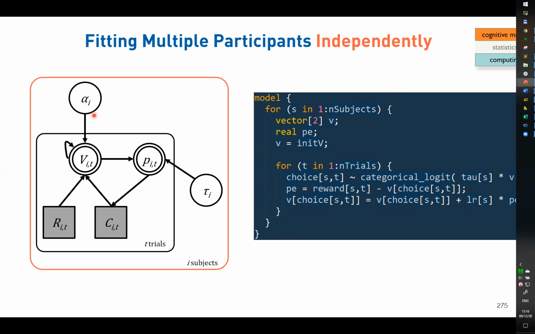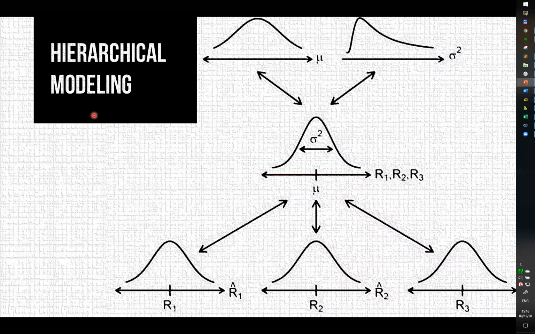So to overcome this, we will do hierarchical fitting. Hierarchical in this sense means there are two levels, or actually multiple levels. In this case, we are talking about two levels or hierarchies. The top level is the population level.